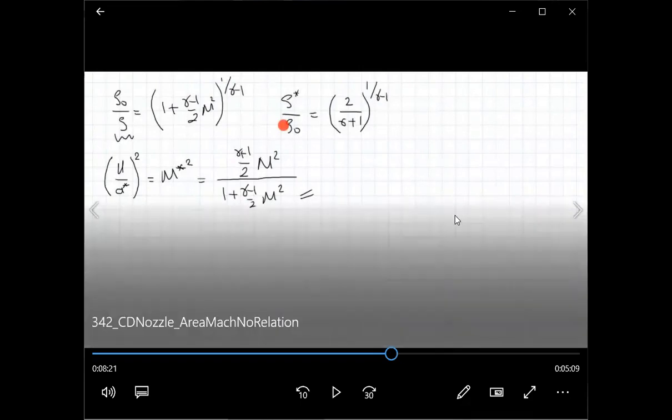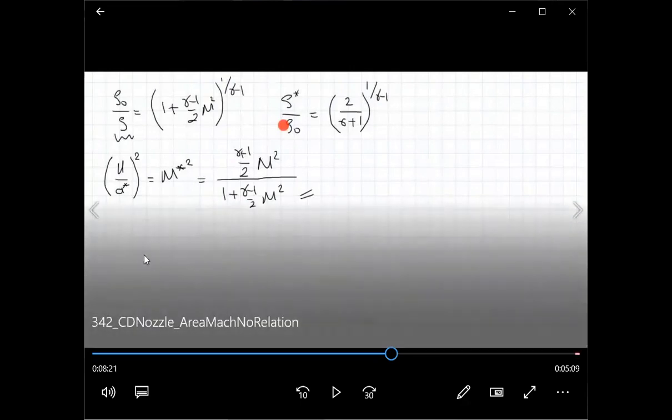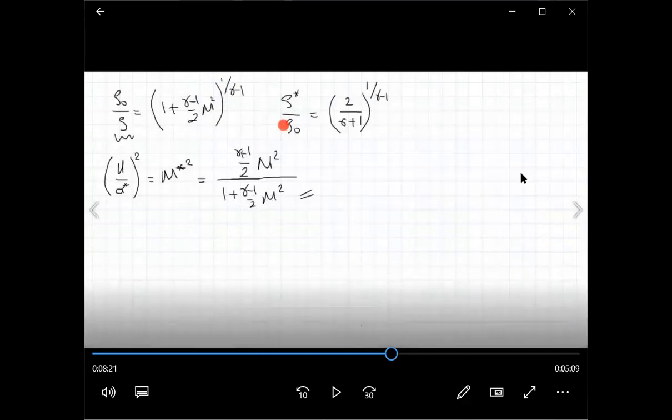At that location, there will be a certain static temperature level, T star, and that T star will correspond to an a star value. So when you compare your local velocity to the speed of sound somewhere on the streamline where it actually reaches Mach 1, we define this as M star.